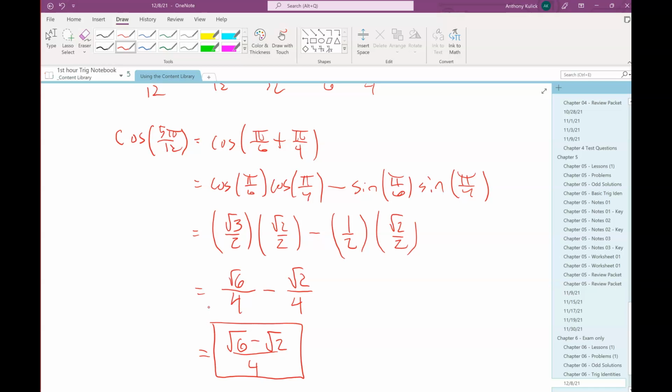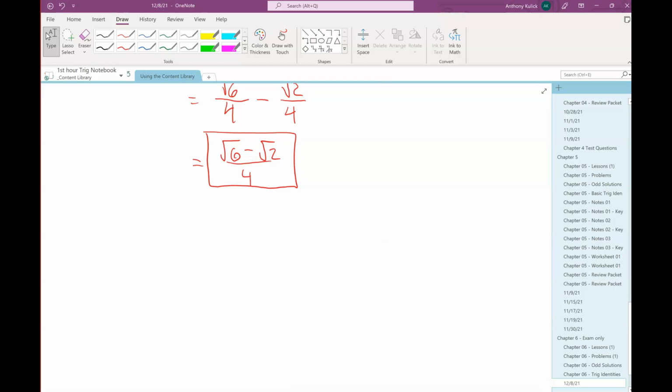It's basically the cofunction identity from last chapter that we had talked about before. The other thing that you'll be asked to do with these is to go the opposite way.